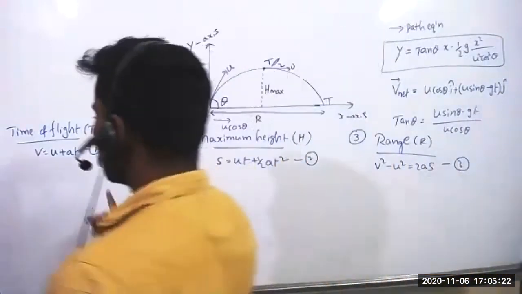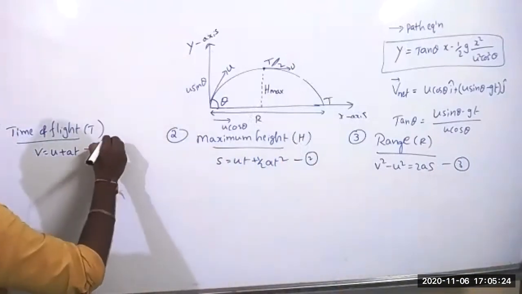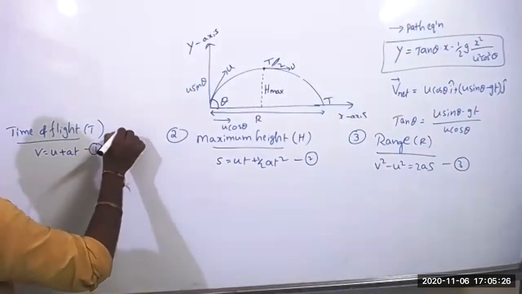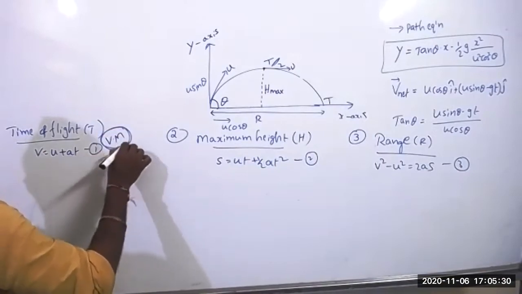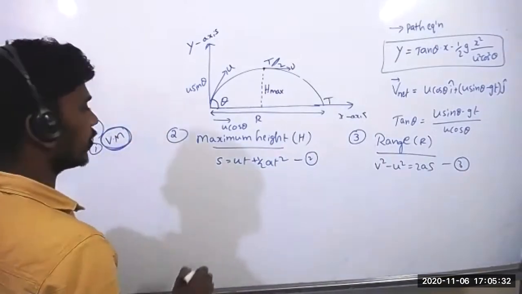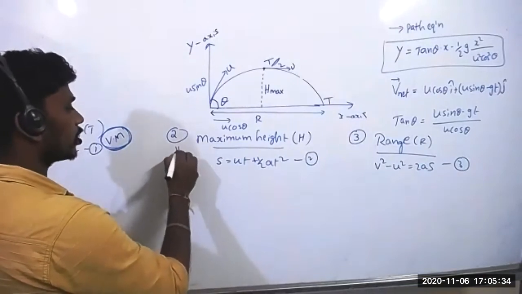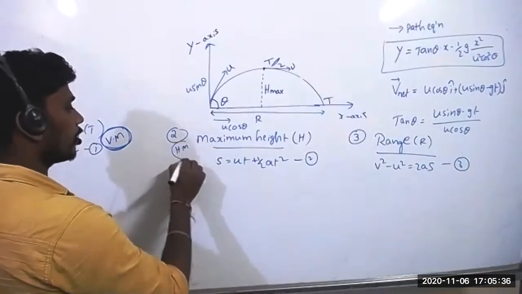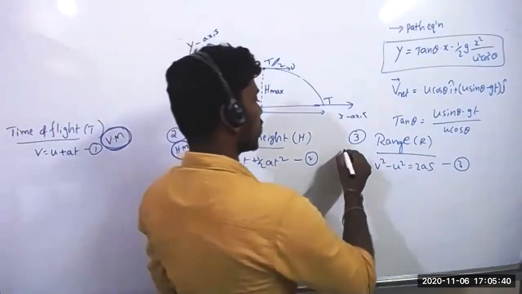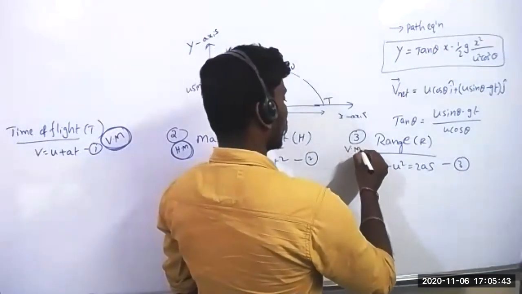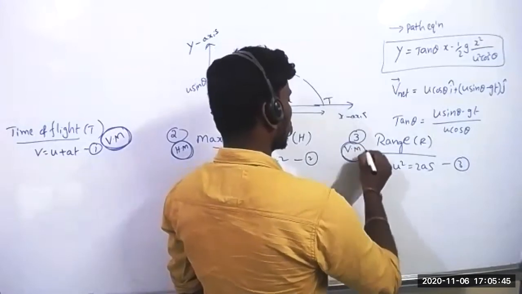So first equation, I will apply for vertical motion, which means always I will speak about the vertical components only. Second equation, I will apply for horizontal motion, which means always I will speak about the horizontal components only. Third equation, I will apply again for vertical motion, only vertical things.